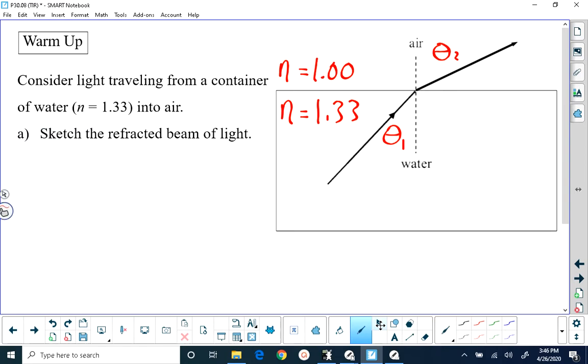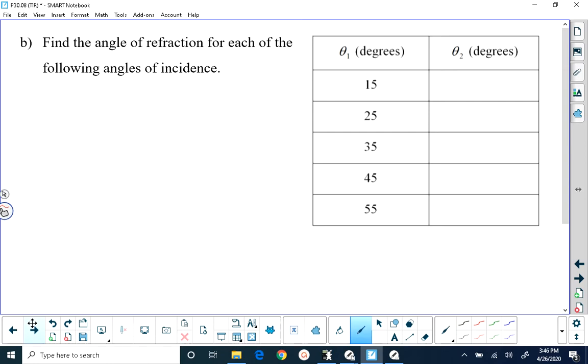Now we're asked to do a few calculations. We're asked, well, if the angle of incidence is 15 degrees, what's the angle of refraction? And what's the angle of refraction if the angle of incidence is 25 degrees and 35 and 45, etc.? So let's write out what Snell's law has to say about this. It would be sine of theta 1 over sine of theta 2 equals N2 over N1.